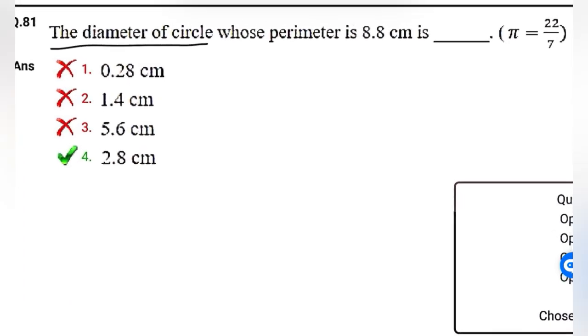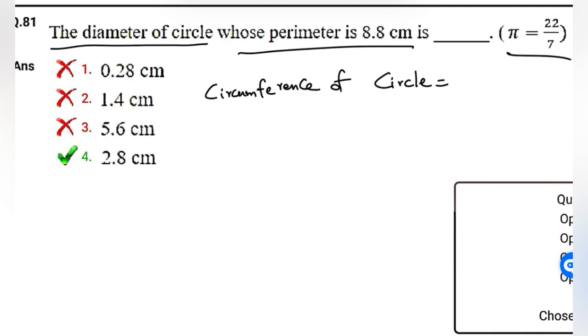The diameter of a circle whose perimeter is 8.8 centimeters is. Given perimeter is 8.8 centimeters and pi is taken as 22 by 7. We know that circumference of a circle is 2 pi r, which is also known as perimeter. And perimeter here is given as 8.8.